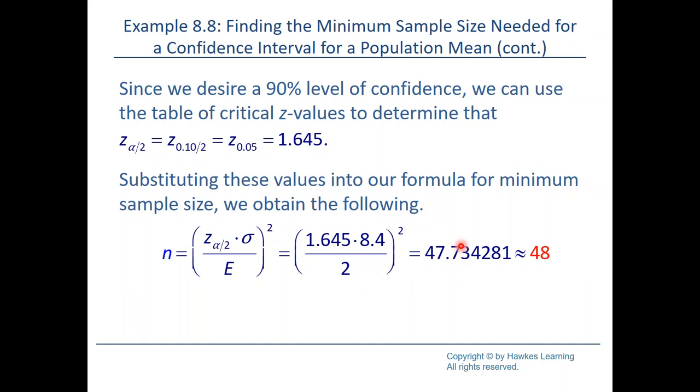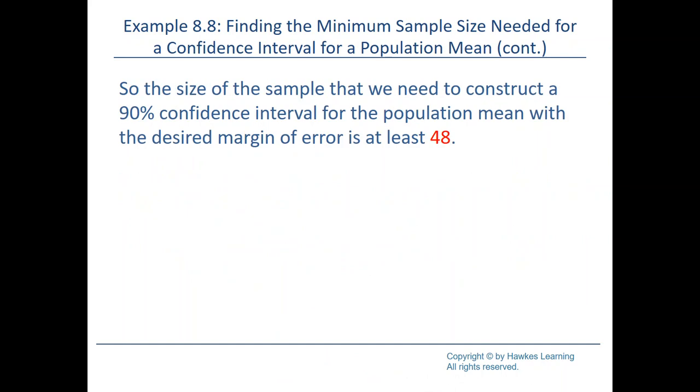Again, I do not care what this is after the decimal, always round up, which will be 48. So the sample size, in order to construct a 90% confidence interval where the population mean will be within the desired margin of error of plus or minus 2, has to be at least 48.